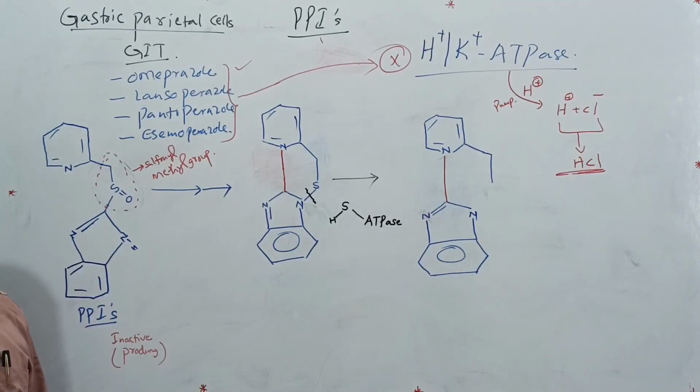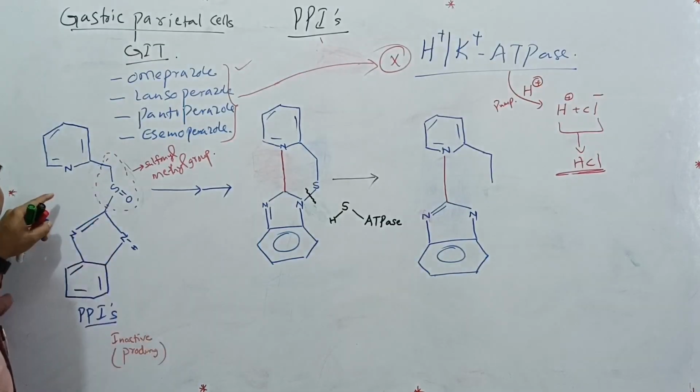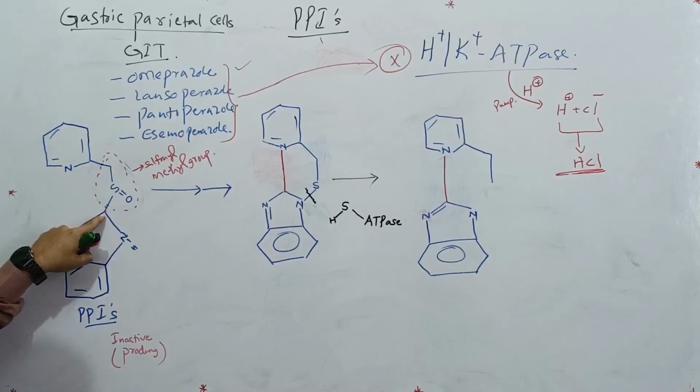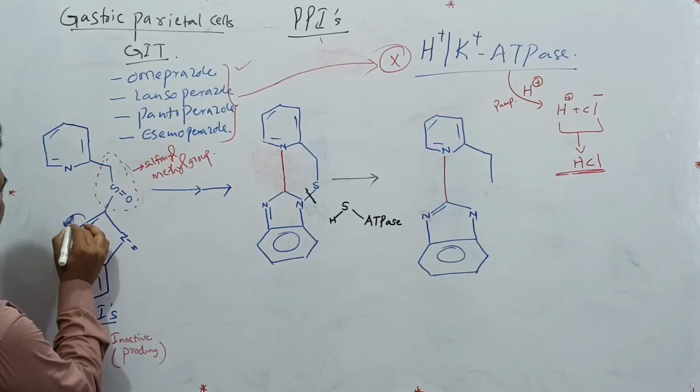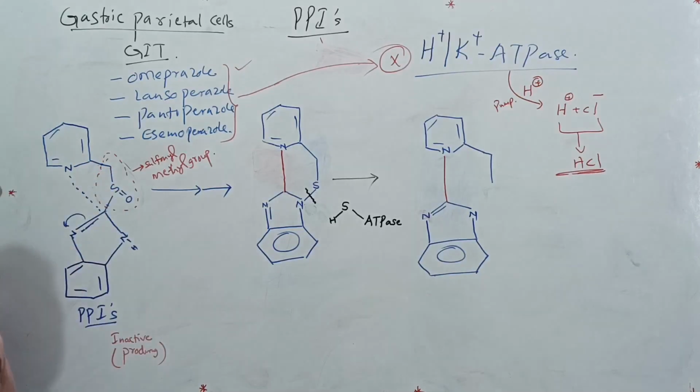Inactive omeprazole becomes active when it is converted. Here you might be observing, no? Then this will bind particularly here, and this bond will move out, and slowly this will be coming towards this.